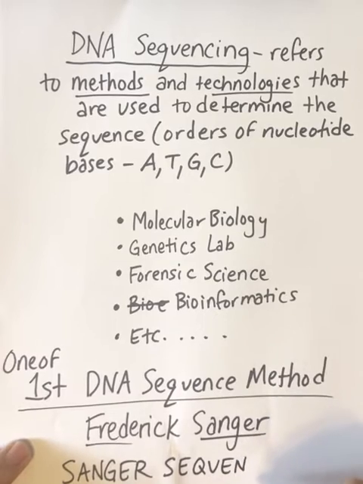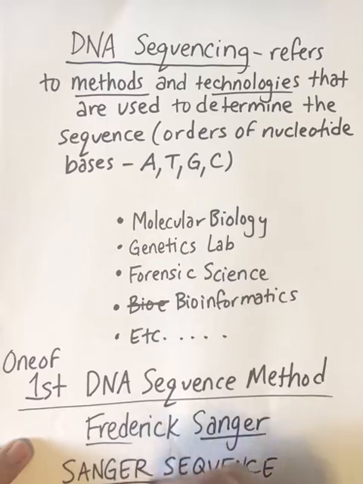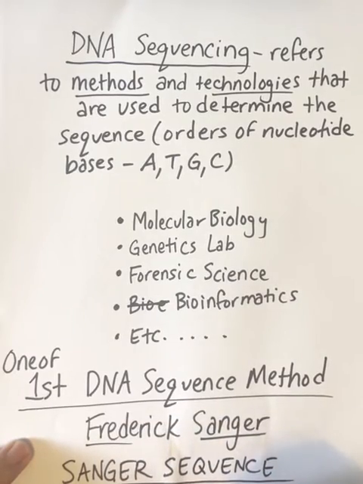Now this was basically the cutting-edge technology in the 1970s. It was the most used for a very long time, and how we came up with a lot of our other DNA sequencing methods. So I'm going to teach about the Sanger sequence.